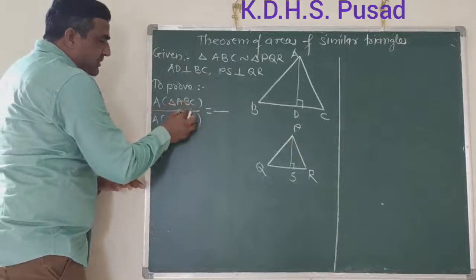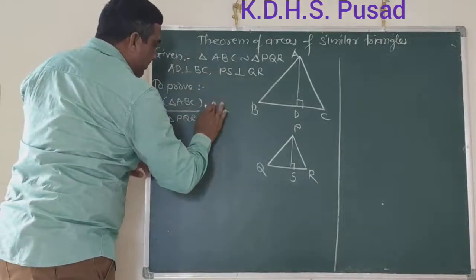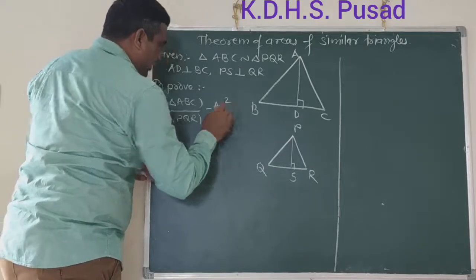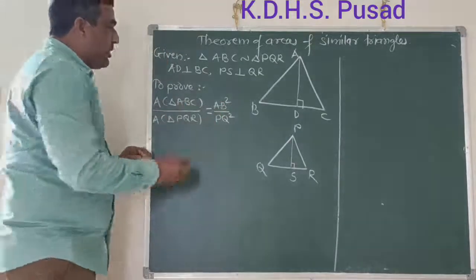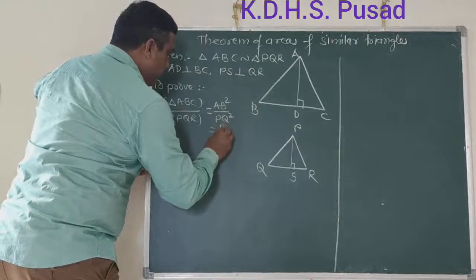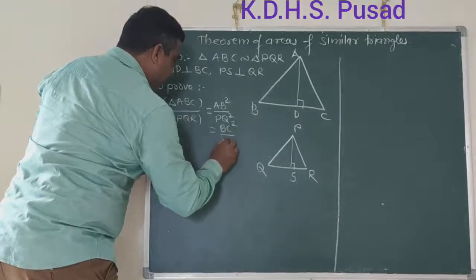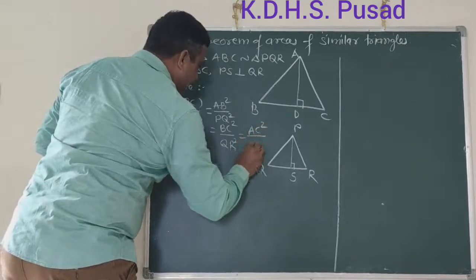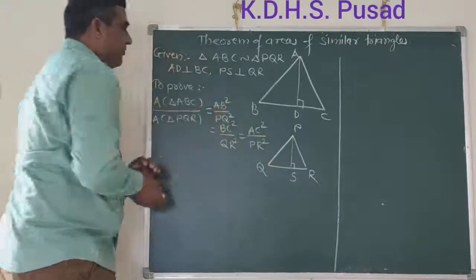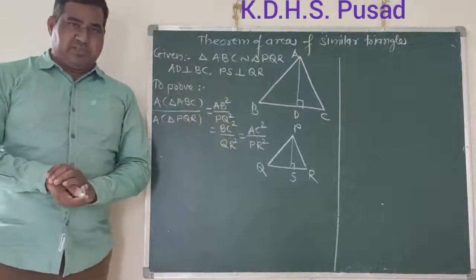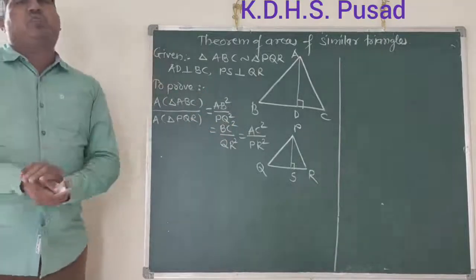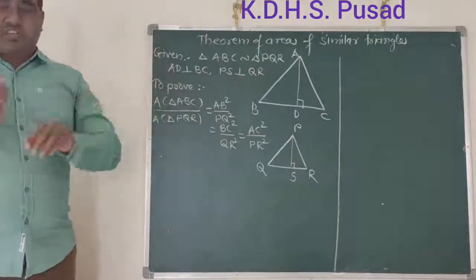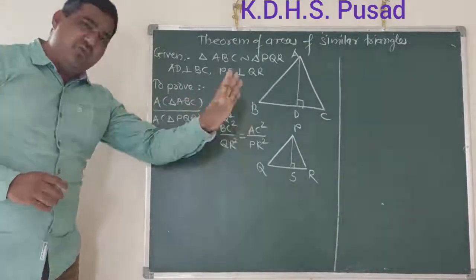So for AB, the corresponding side is PQ, squares. So AB square by PQ square. You can take either BC square by QR square, as well as AC square by PR square. You have to take any one of these, the ratio of squares of their corresponding sides. Whatever is suitable according to the given situation, you have to consider only one way.